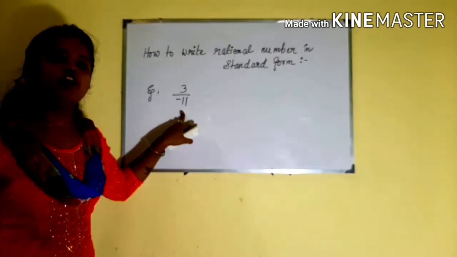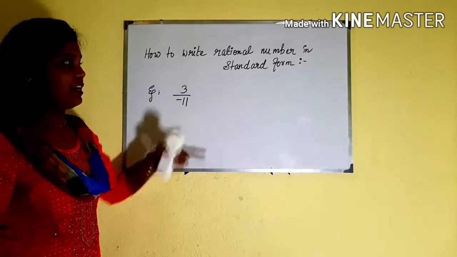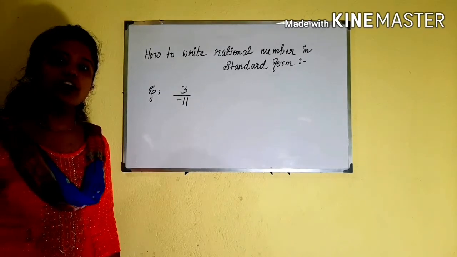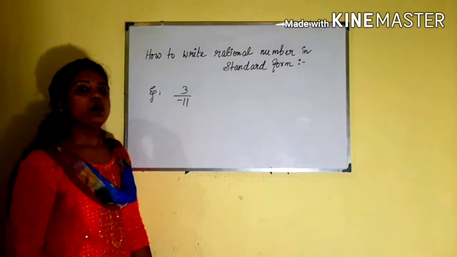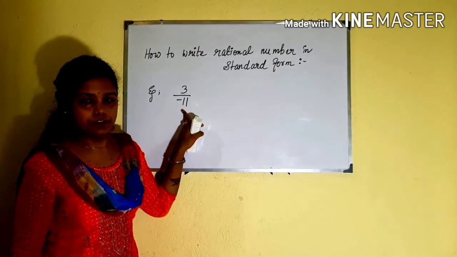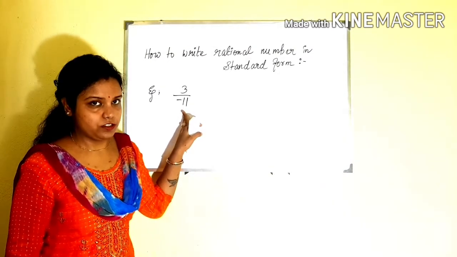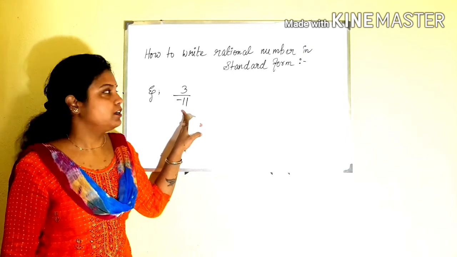This is again a form of negative rational number. We want to convert that into standard form. Now, what is the criterion of the standard form? We have to get the denominator as positive. Okay, we have to get the denominator as positive. I hope you have heard my repetition.